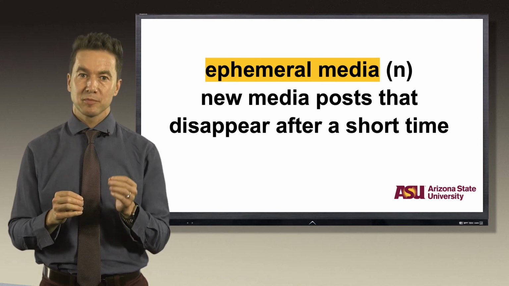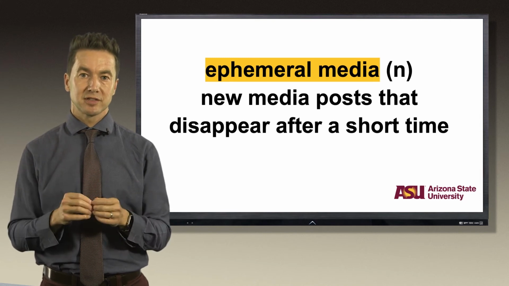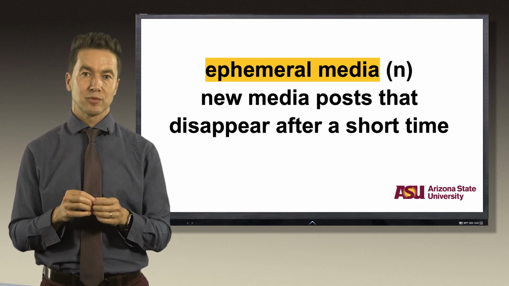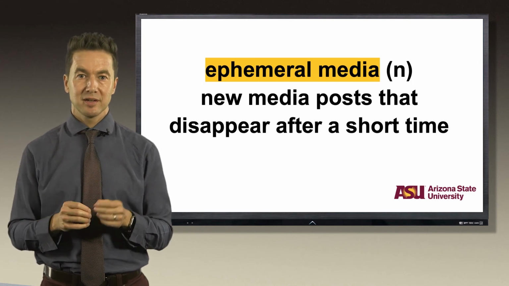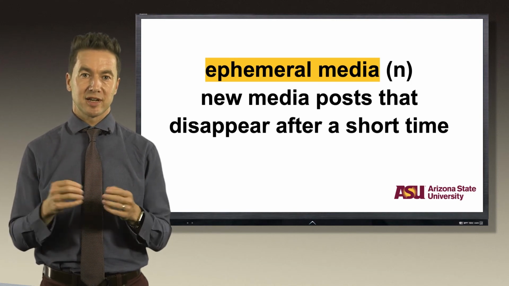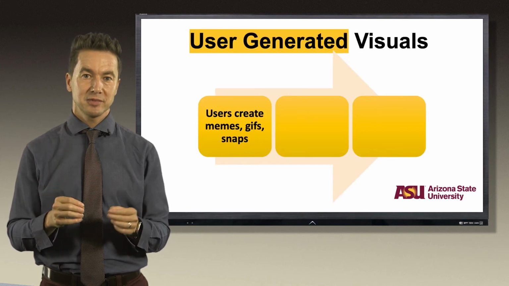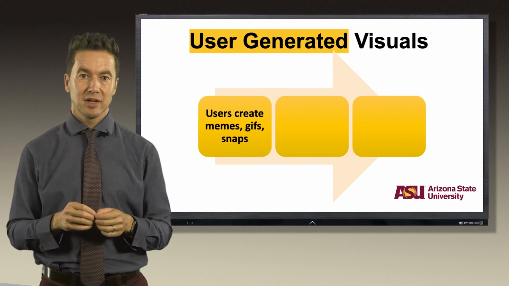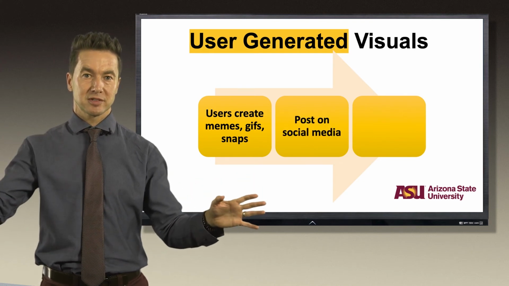These media are sometimes used by professional journalists, but mostly by social media users on platforms like Facebook, Twitter, Snapchat, Instagram, and WeChat. Social media users create memes, GIFs, and snaps and post them on their profiles to share them with their networks.